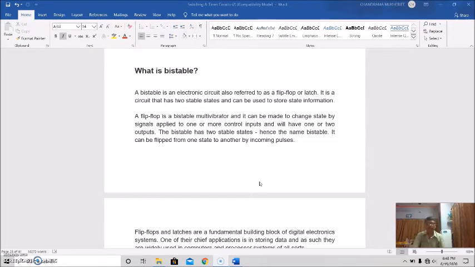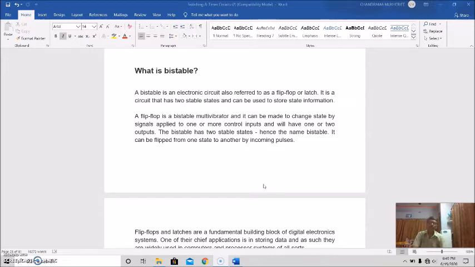Once again, I'm repeating. A bistable is an electronic circuit, also known as a flip-flop or latch circuit, and it has two stable states and is used to store state information.